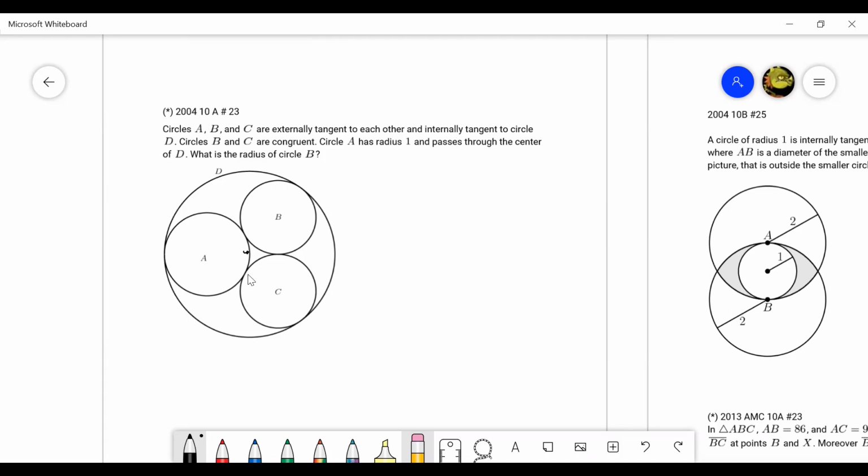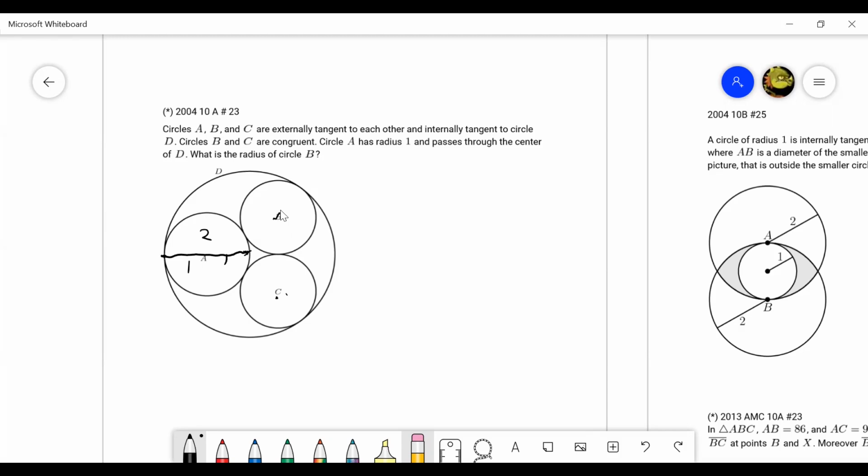And basically, the key point here is that the radius of circle D is 2 because its radius is the diameter of circle A, right? So that means we know the radius is 2, so we can look to find another way to express this radius using the radius of circle C or circle B.